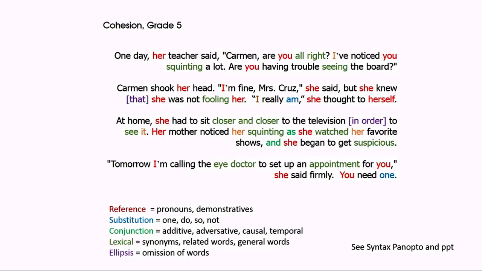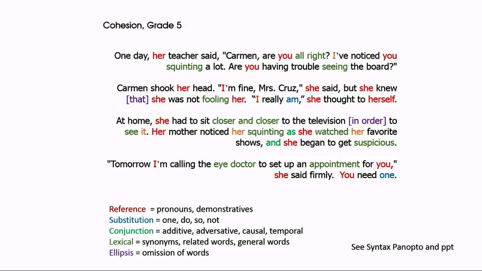"Her mother noticed her squinting as she watched her favorite shows, and she began to get suspicious." So most of those pronouns, "her" is Carmen, "her" is Carmen, "she" is Carmen, "her" is Carmen, and "she" is mother. But mother's name is not mentioned again.